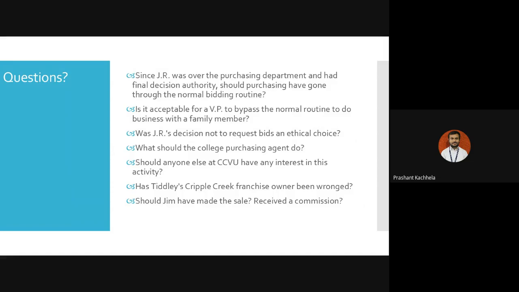Can they oppose JR's action that he changed the company's regular procedure and then he gave contract to the company where his son is working? So there a bias action is taken. But as we have noticed in the case, nothing regarding that is mentioned.